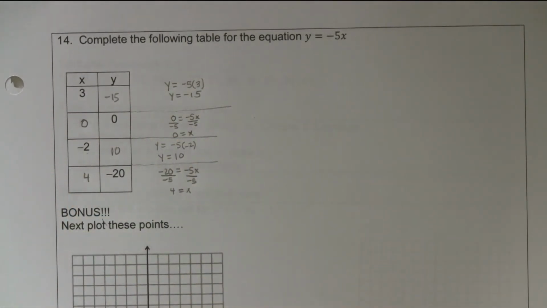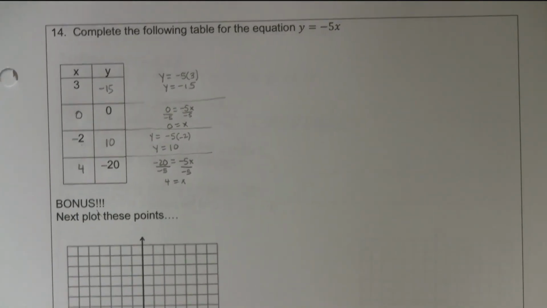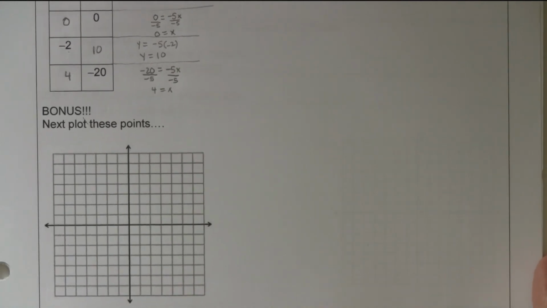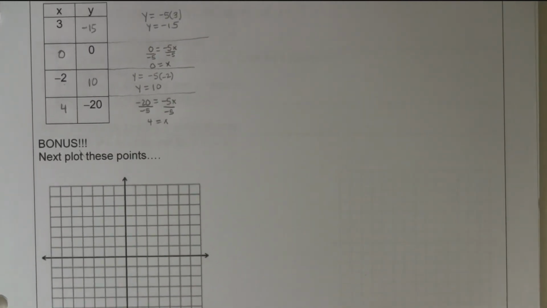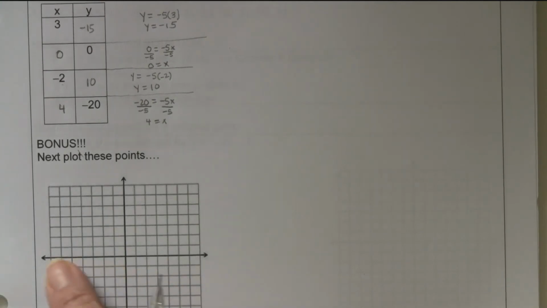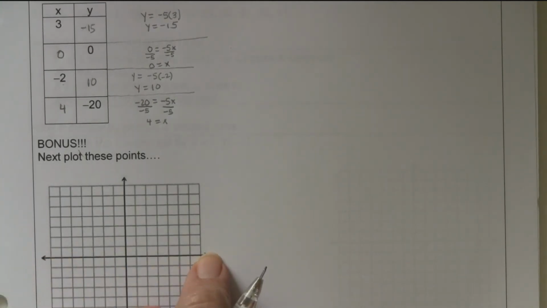And then I say, as a bonus, let's plot them. And so when we go looking at what we would count by to make it fit on there, since we have to fit -20, that's the one that's the furthest away. And so since we have to fit on there -20, if I counted by 3s, then because there's 7 dots, I would get to -21. So maybe I will count by 3s. Why not?